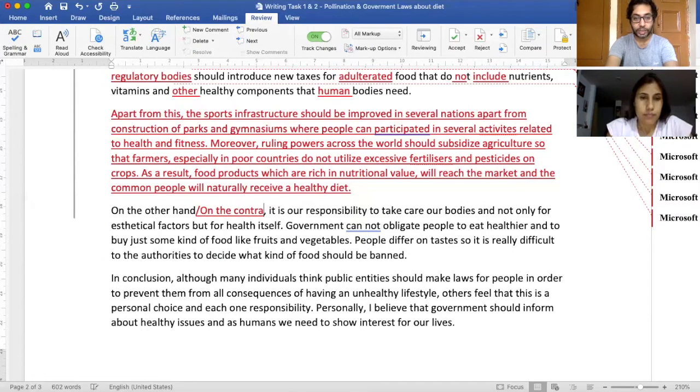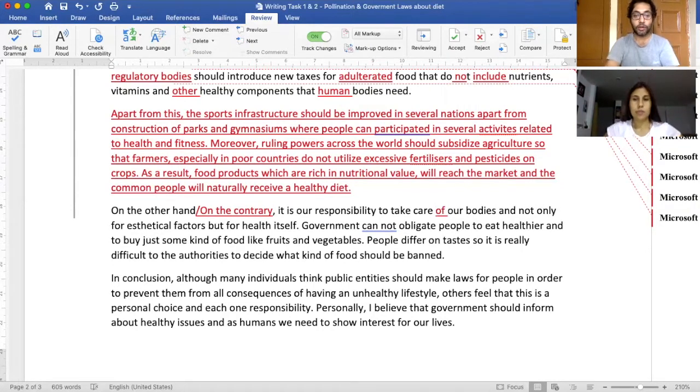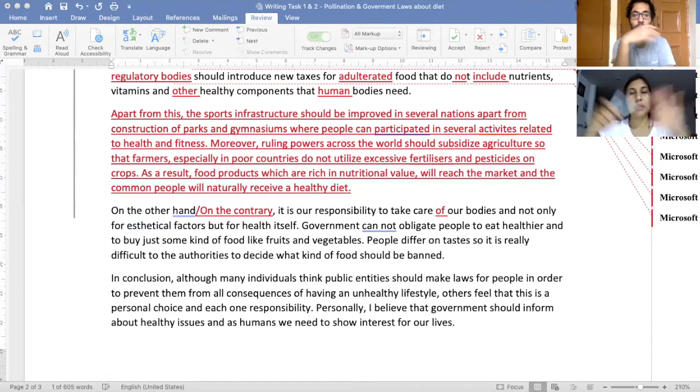On the contrary, it is our responsibility to take care of our bodies and not only for aesthetic factors. What is aesthetic? It's not just for looking pretty because I want to look okay physically, but because you should be okay.